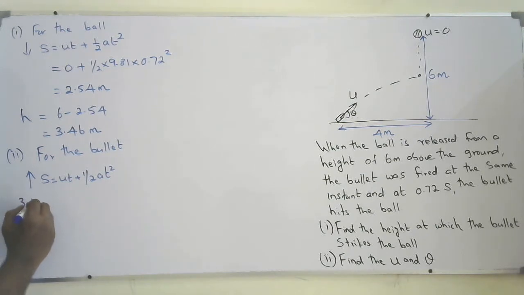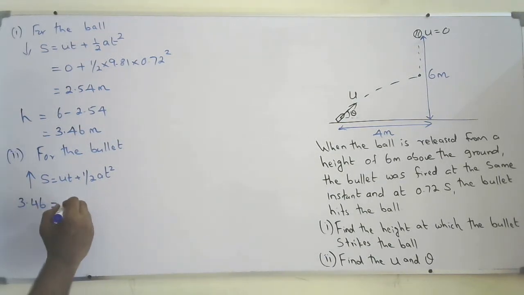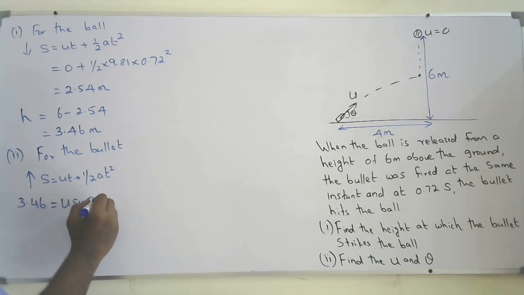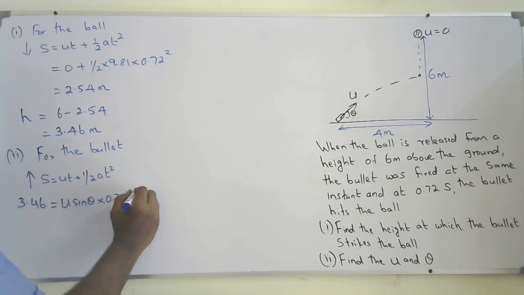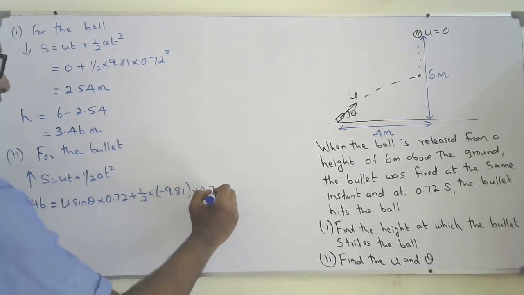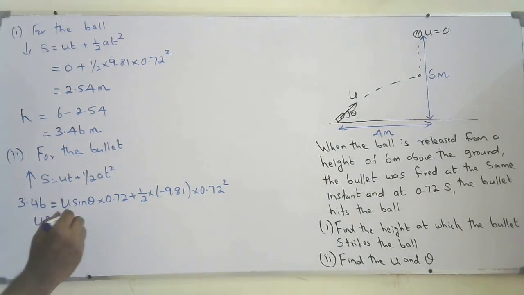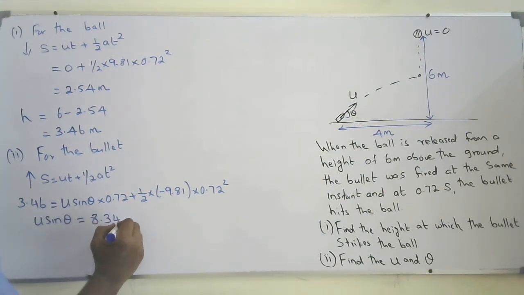So 3.46 equals u sine theta into 0.72 plus half into minus 9.81 times 0.72 squared. So I can find u sine theta from this equation. So u sine theta will be equal to 8.34. Take it as the first equation.